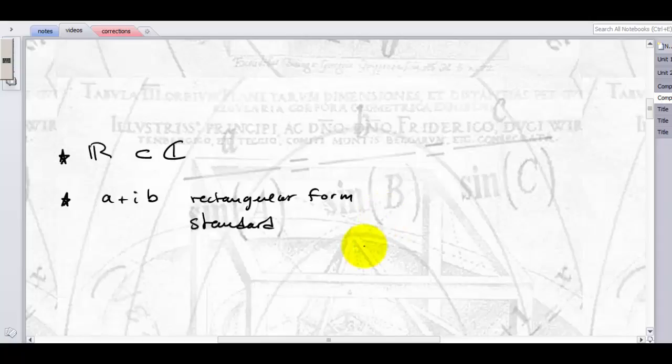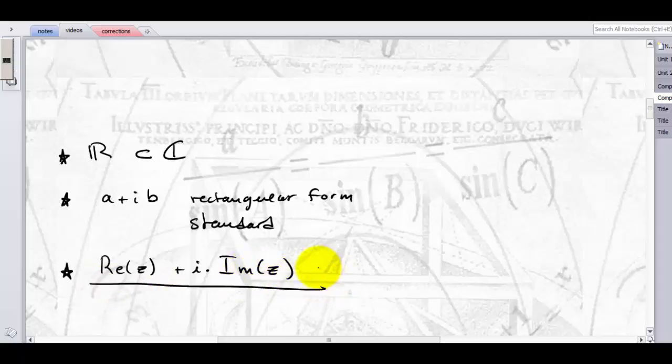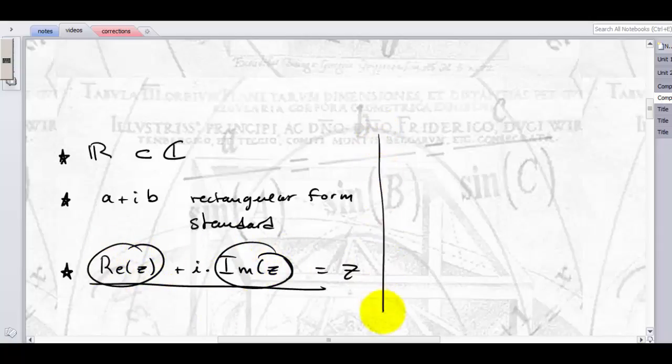Another remark is that you know a complex number completely if you know its real part and its imaginary part, because a complex number is always this. This is equal to z. So if you know the real part and the imaginary part, you know the entire complex number.